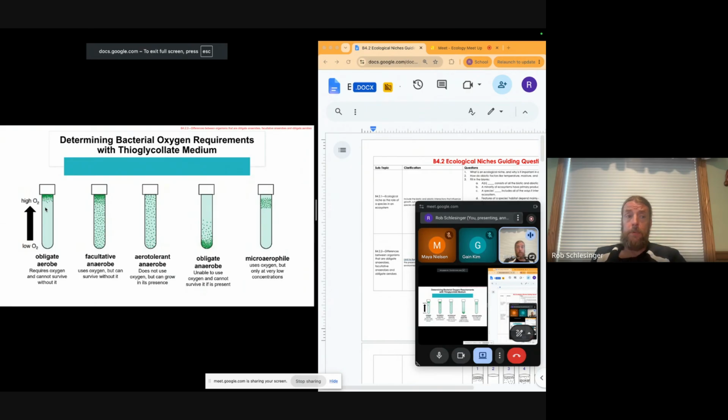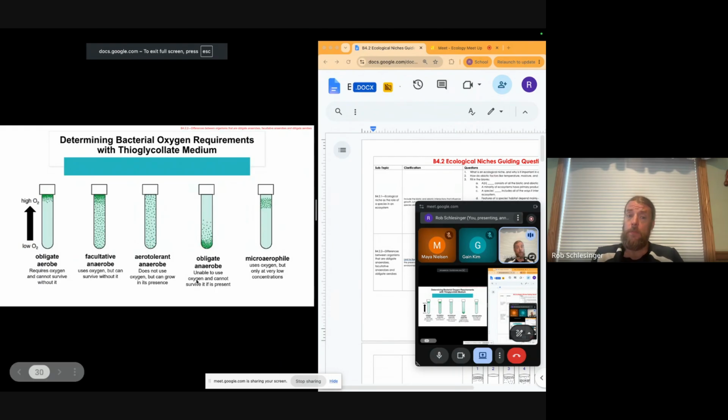These obligate aerobes, this could be like E. coli, are all forming colonies very close to the top of the vial because they want access to oxygen. They need oxygen to convert glucose to ATP. Anything like you and I that can't live without oxygen is considered an obligate aerobe. You're obligated to have oxygen at all times.